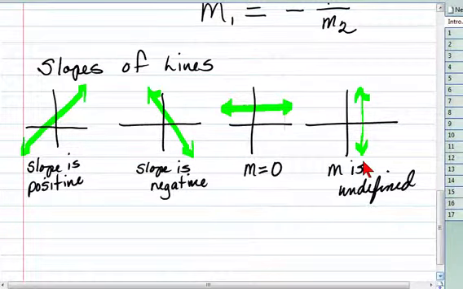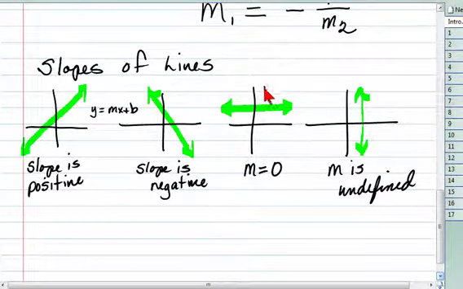And something else just to recall, the first two lines that I have drawn both could be written as y equals mx plus b. They are slanted lines. The horizontal line cuts through the y-axis. It will always be written as y equals some number.